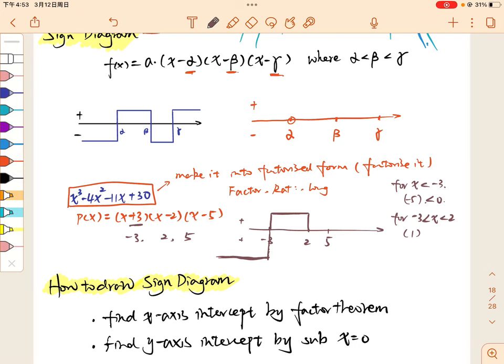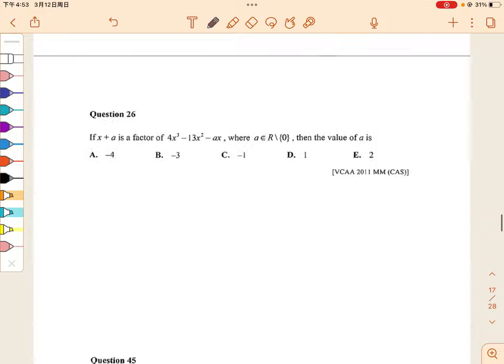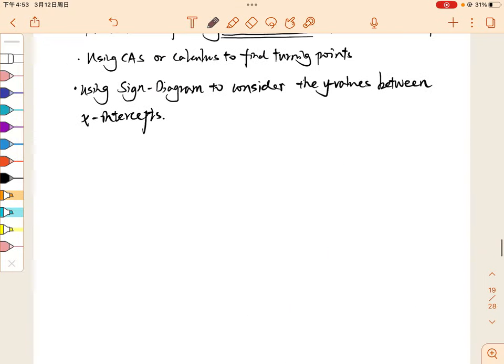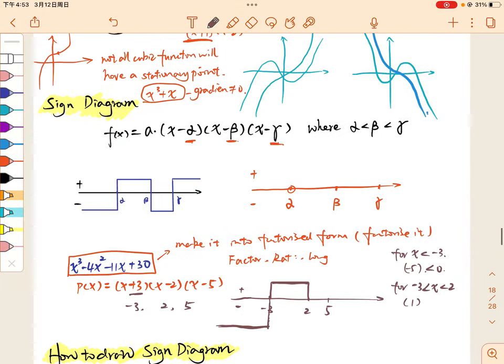So I draw the line above this number line over here. That means between negative 3 and 2, my y value is positive. And then we do the same thing.